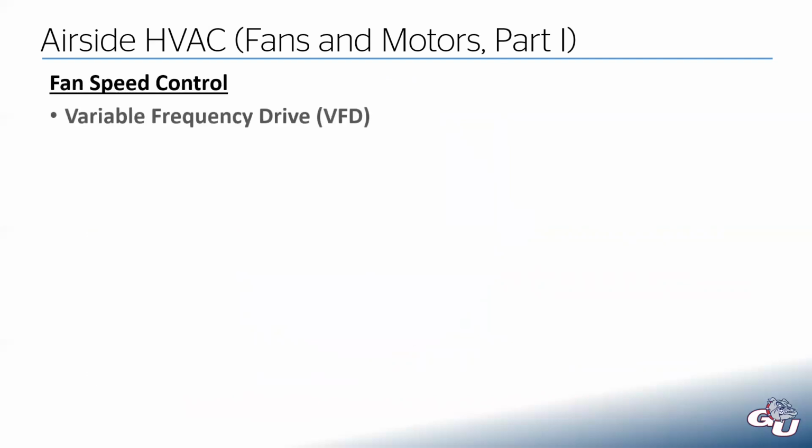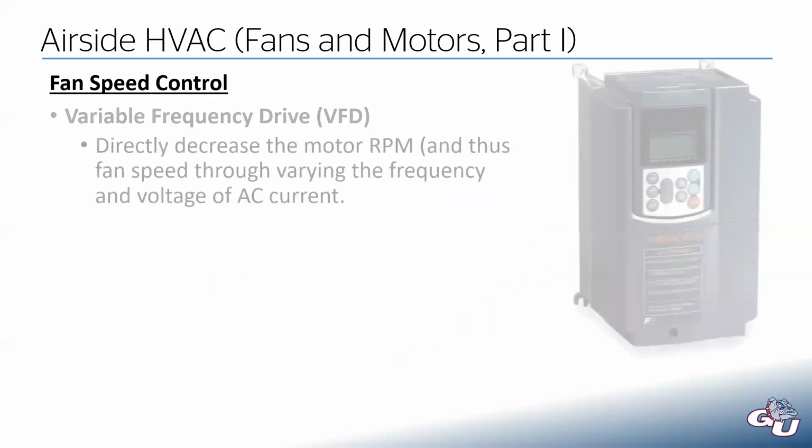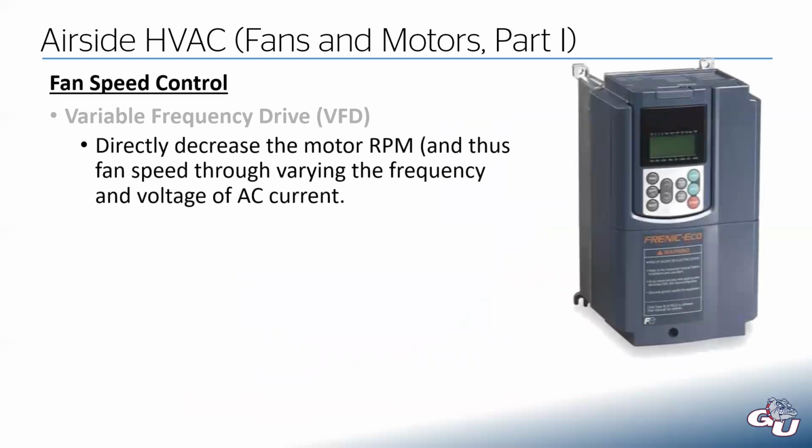The next one, I mentioned this earlier. This is a variable frequency drive, or a VFD. And what this does, this is an electrical device, whereas the discharge damper and the inlet guide vanes, those are mechanical devices.